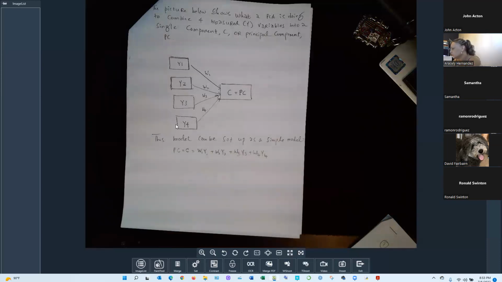These are independent variables. With the aid of these four, you're going to write one new variable. You create a new variable. See? The model can be set up as a simple model. I'm going to call that one either C or PC, principal component. How are we going to select how many principal components we can build up? That's a discussion we're going to build up systematically.